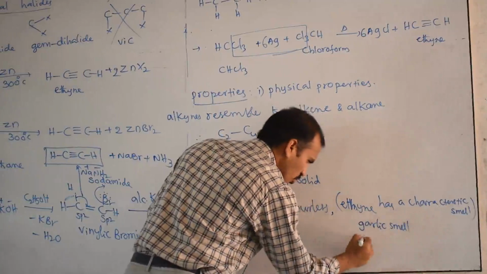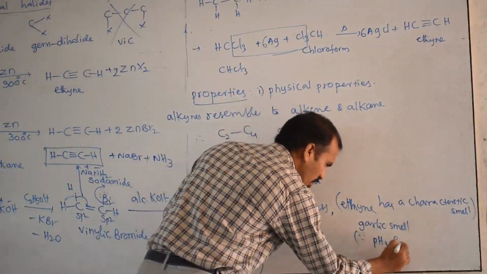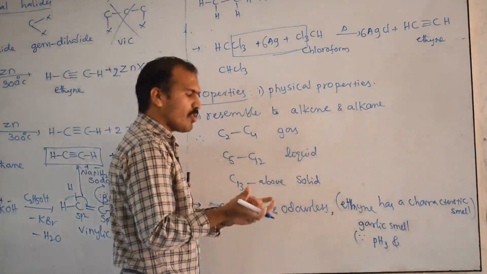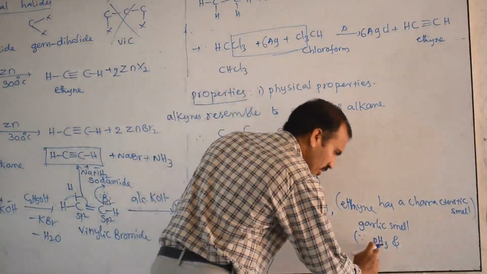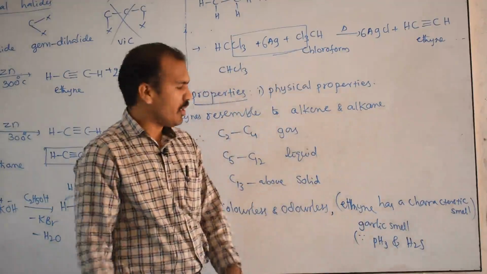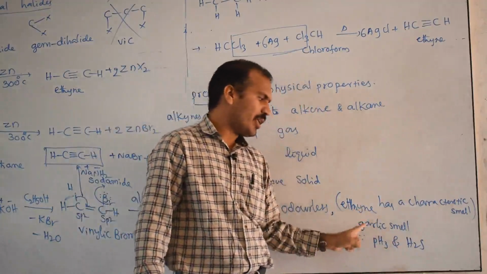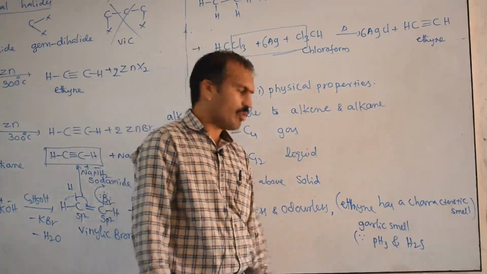This is due to maybe PH3 as an impurity, or both combined, or maybe separate also. You can use the word maybe, and you can use PH3 and H2S, or PH3 or H2S. Due to these impurities present in ethyne, it has a garlic smell, because sulfur is also present in garlic, you know that.